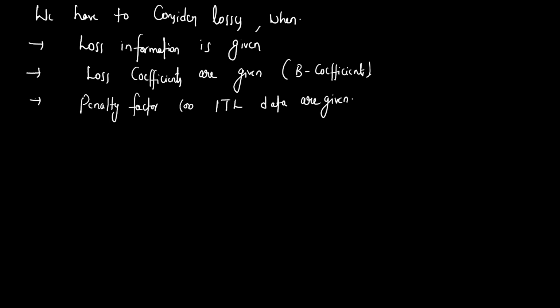We have to consider the losses when any of this data is given. Okay, so already we know two situations. Out of 4 cases, we know when the losses are completely neglected and not considered, how we have to do it. We have completely studied that one, where lambda is equal to only incremental transmission loss is there. So I'm writing again.